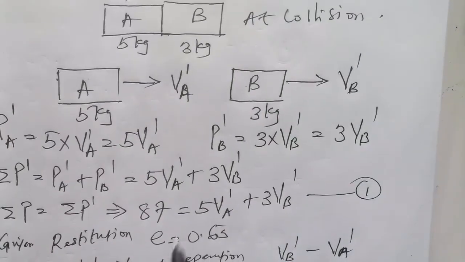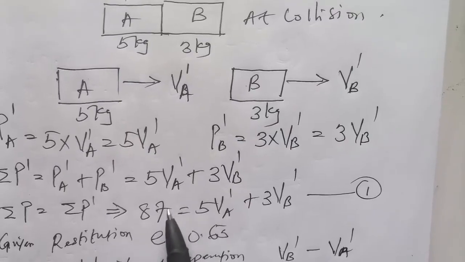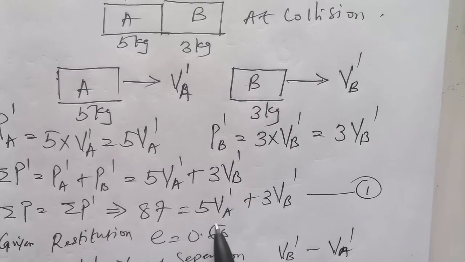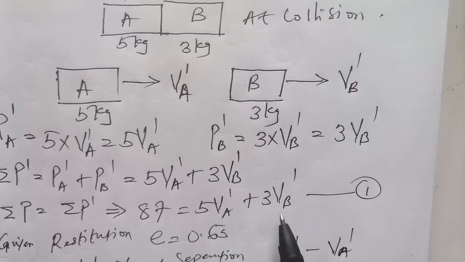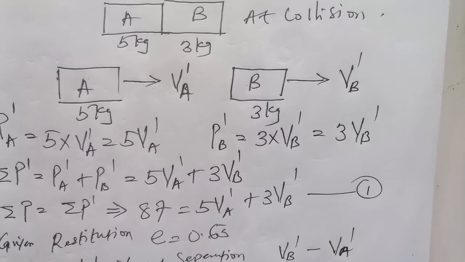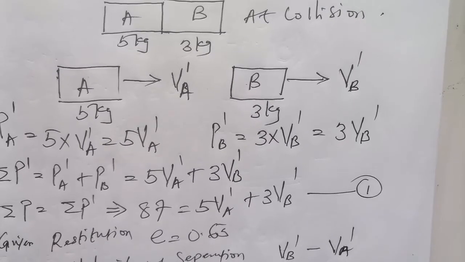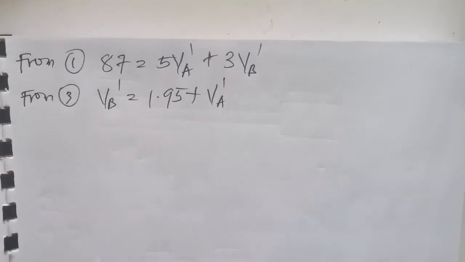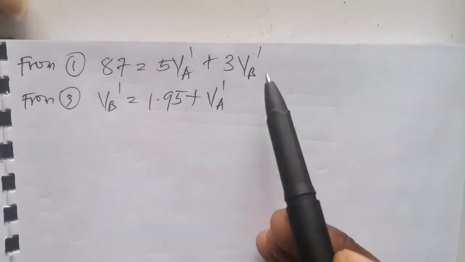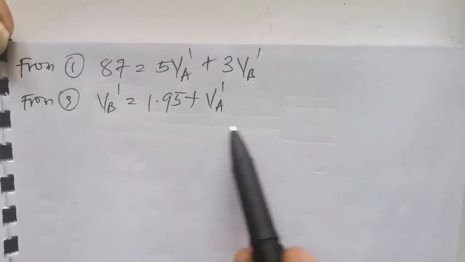Now we'll put equation 3 into equation 1. Recalling equation 1, we have that 87 is equal to 5VA prime plus 3VB prime. Now we know what VB prime is. Let's plug it into this equation. From equation 3, we had VB prime to be equal to this.